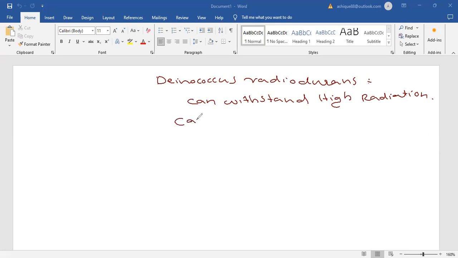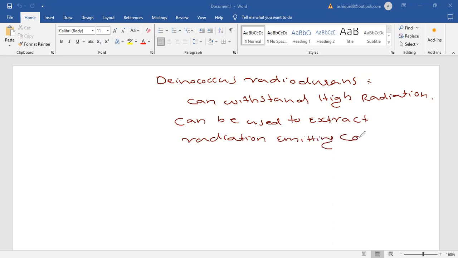So it can be used to extract radiation emitting compounds. Radiation emitting compounds can be extracted with the help of Deinococcus radiodurans. That's also clear.